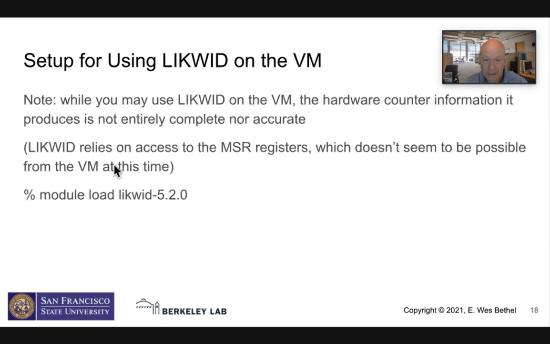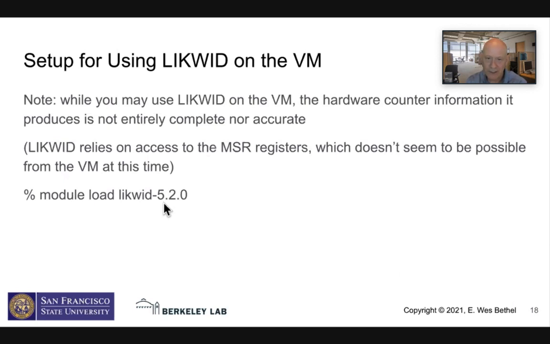On the VM, I put Liquid on there, and if you do a module load Liquid from the command line inside the VM, it'll make Liquid 5.2 available to you. So Liquid Topology prints out the right thing, except it only will show one core, regardless of how many cores are on your processor.